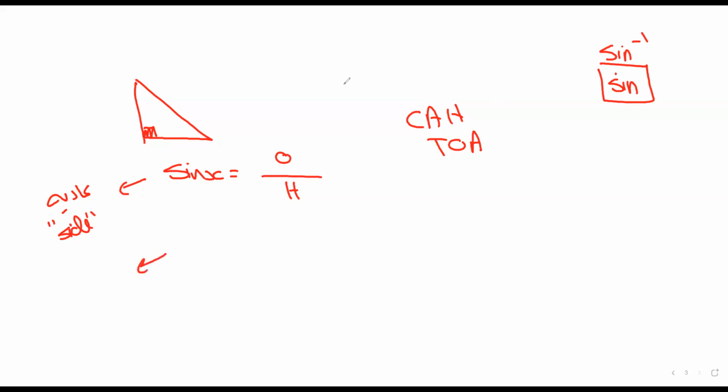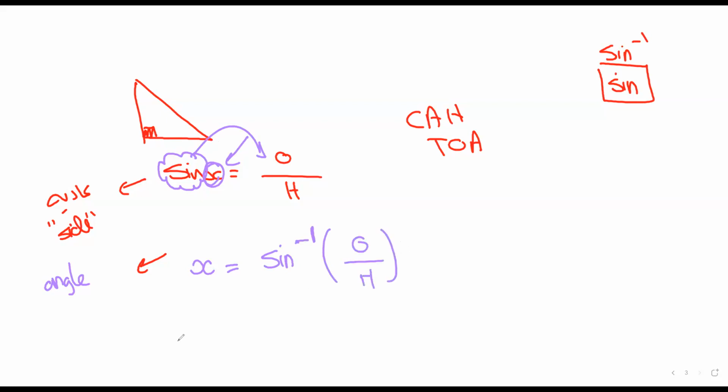Now, who remembers what did we do in the previous video to calculate an angle? To calculate an angle, if you remember, we just shifted the sine to sine inverse, and we kept the fraction as is.